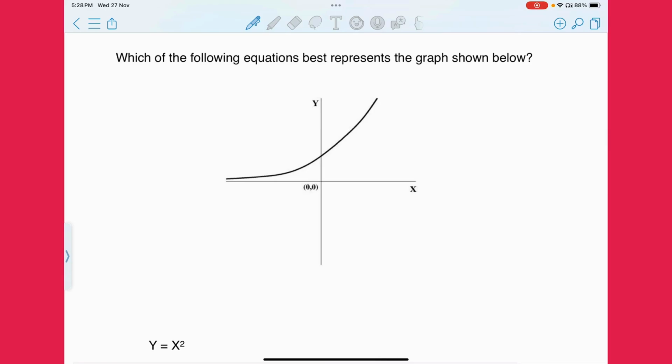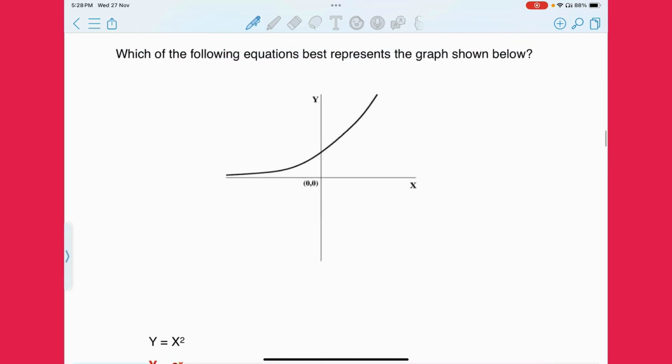The next question says, which of the following best represents the graph shown below? So let's say this is the graph of y is equal to e to the power x, but let's say the other graph, y is equal to x squared. So this is the graph of y is equal to x squared.